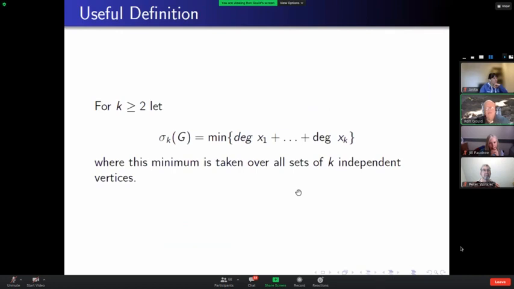All right, so some notation that I'm going to be using throughout a lot of this. Sigma sub k of G is going to be the minimum degree sum, where that minimum is taken over all sets of k independent vertices. Sometimes, especially when k is 2, people call this the Ore degree condition, from Ore's famous Hamiltonian theorem.